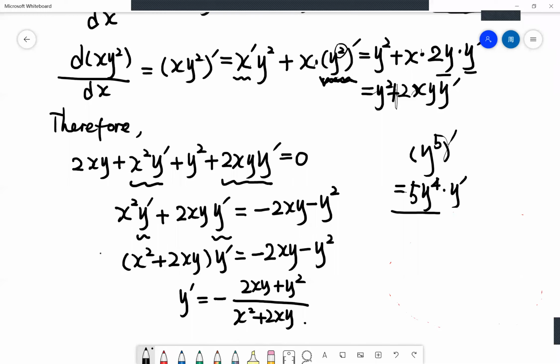So don't forget y prime here because y is a function of x. So you should also calculate the derivative of y here. So don't forget it. It is actually the chain rule for the composite function.